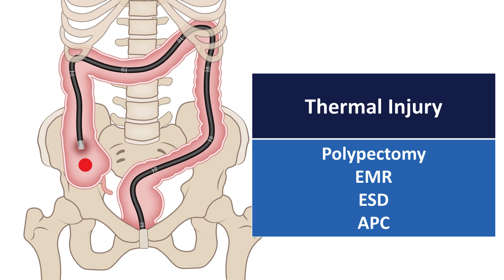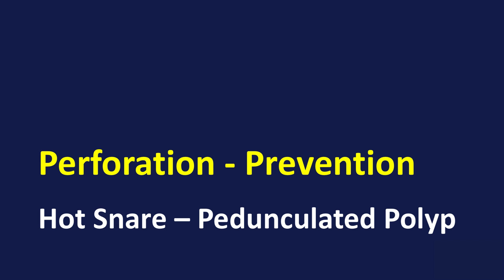It can happen with polypectomy, EMR, ESD, and when you use APC in the right side of the colon, especially ablating angioectasias.